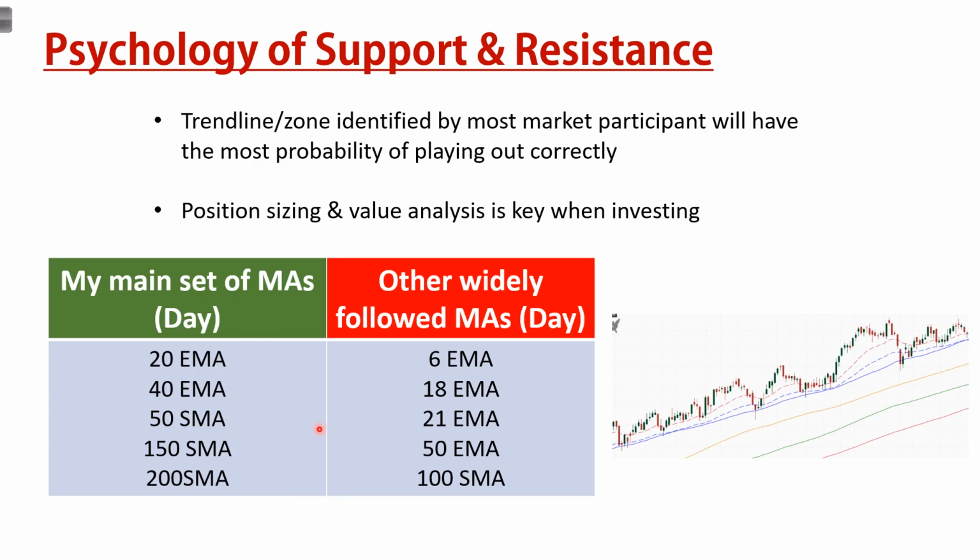There are also other popular moving averages out there, like the 6 EMA, the 18 EMA, 21 EMA, 50 EMA instead of the SMA that I'm using, or the 100 SMA, which I also look at but do not base much of my decisions on. So you just have to find out whichever set that you are most comfortable with. In fact, my different trading strategies make use of different set of MA as well.